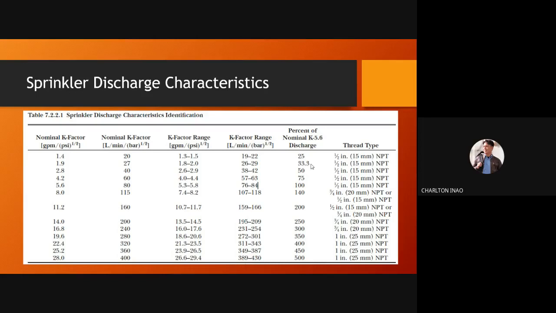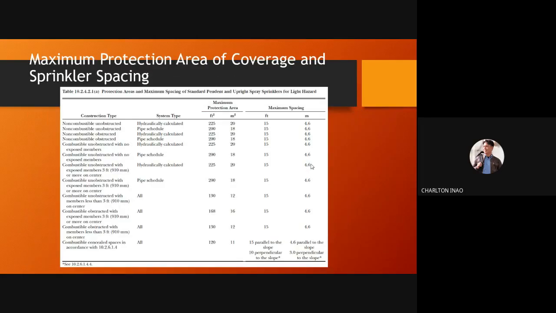Percent of nominal K factor, 5 to 6. Tapos yung gagamitin na thread, no? Yung pang mga tubo na may tornilyo, no? Opo. Thread, NPT. 1/2 NPT. No? Kasi English or American system, no? Okay. Discharge. So discharge characteristic.